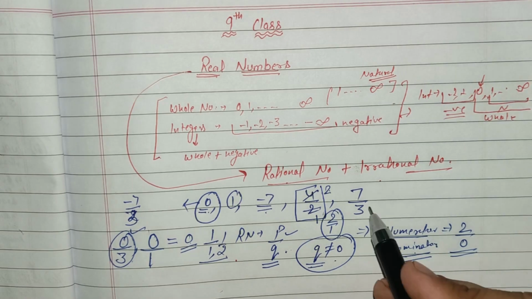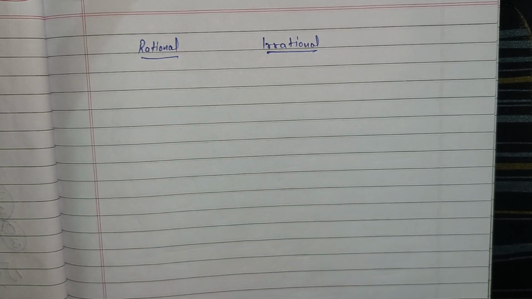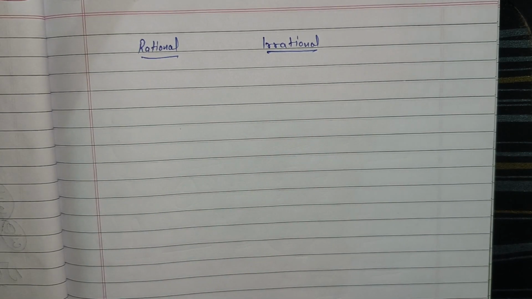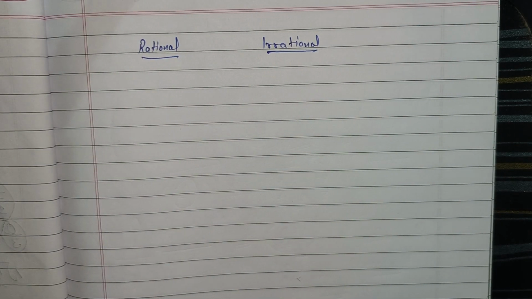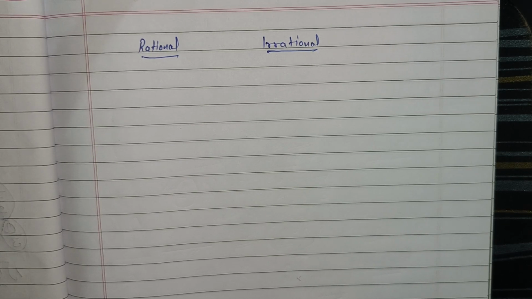It is a rational number. Now we are going to learn the basic difference between the rational number and irrational number. See, rational numbers can be expressed in the form of terminating and non-terminating decimals.